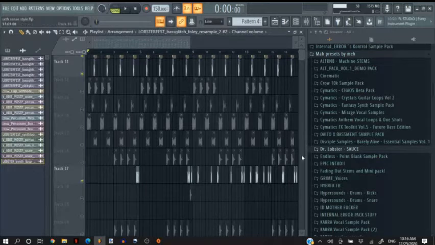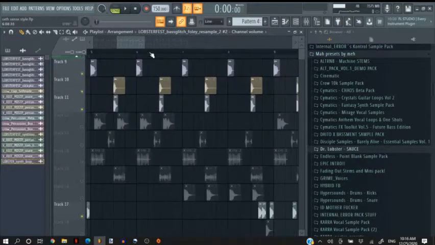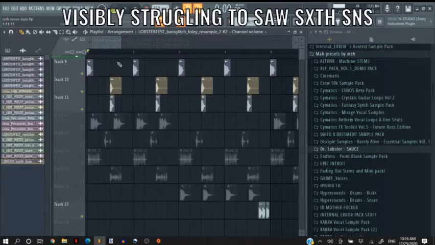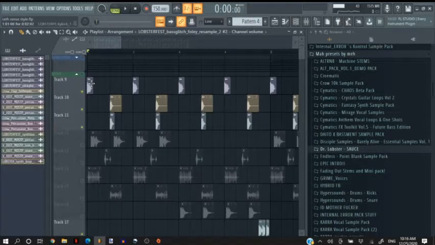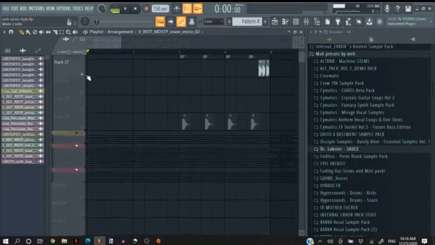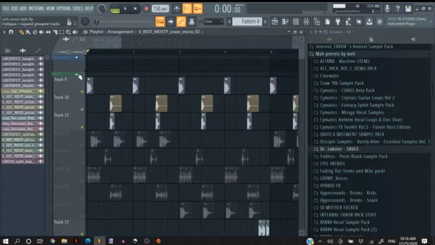So I will cover these percussions along with when I'm covering the drop. Generally in the songs of Sixth Sense I heard, he uses clicky kicks and pretty thin snares, and that's what I did here. That's just about it for the drum loop.